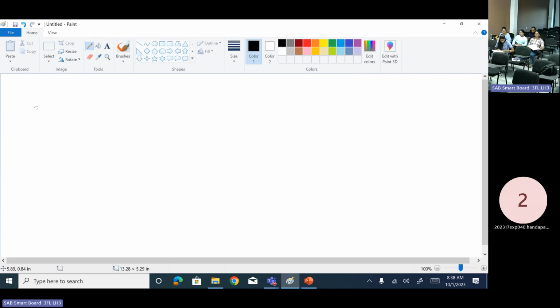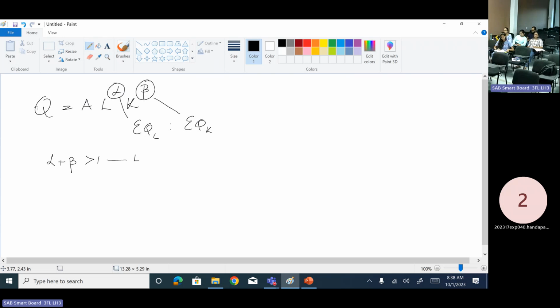You know that Q equals A L to the power alpha, K to the power beta. These alpha and beta are the coefficients, which explain the output elasticity of labor and the output elasticity of capital. If we take alpha and beta together and the sum is greater than 1, that explains increasing returns to scale.